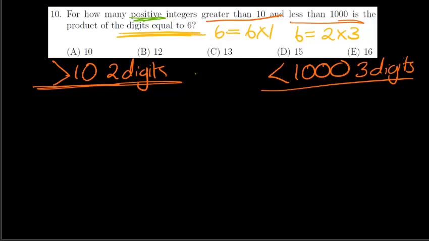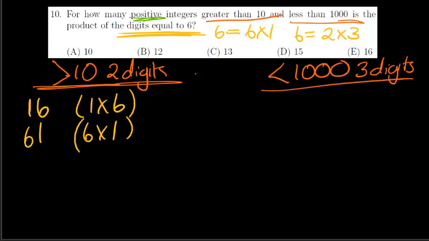So what 2-digit numbers can you make out of these pairs? The first one I will say is 16. 16 will give me the equation 1 times 6. So 1 times 6 is 6, and as a 2-digit number it's 16. The opposite is also true. If I say 6 times 1, that gives me 61. Those are 2-digit numbers greater than 10.